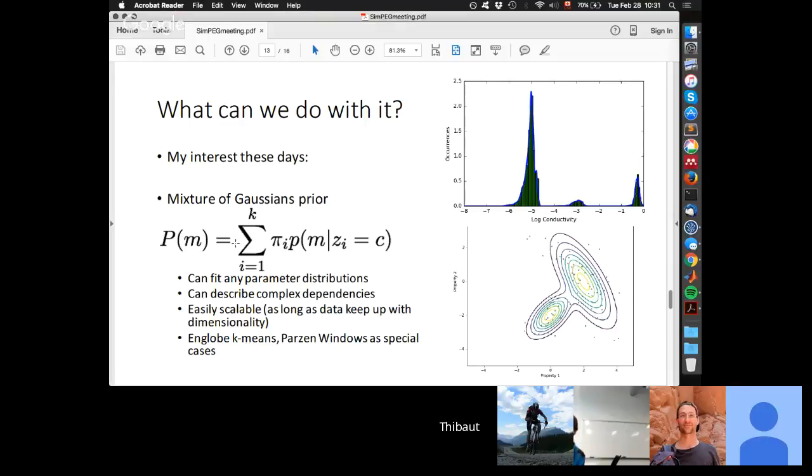So that's quite nice. For example, from the model I showed you at the beginning, I just use 5 Gaussians here, and you see that I can fit the heavy tail I got here and the different models.